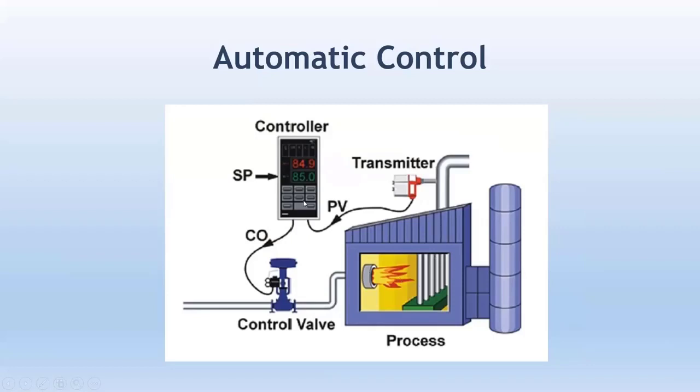Similarly, it is possible, for example, that your temperature value in the plant is 50 and your set point is 85. The difference between set point and PV is called error.